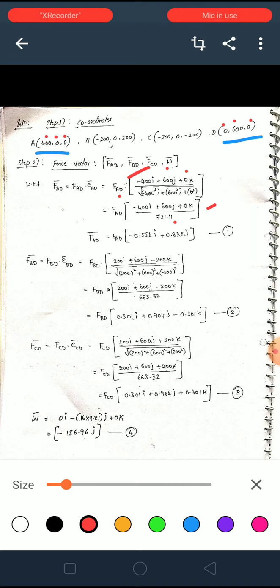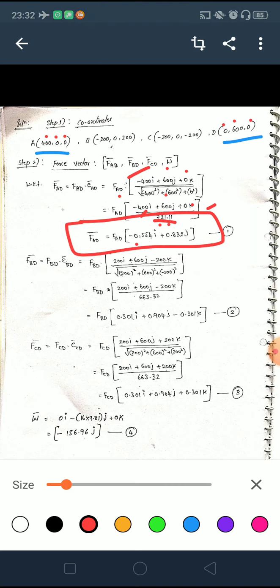Then minus 400 divided by 721 is minus 0.554. 600 divided by 721 is 0.832J. 0 divided by 721 is 0. So finally you got this equation, that is force vector AD is equal to FAD into minus 0.554I plus 0.832J.